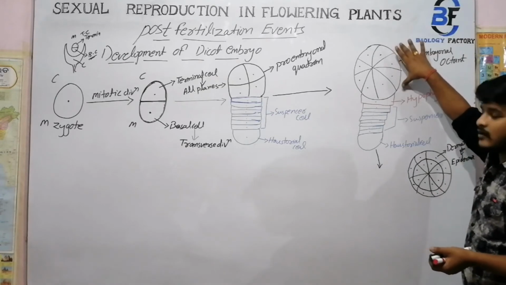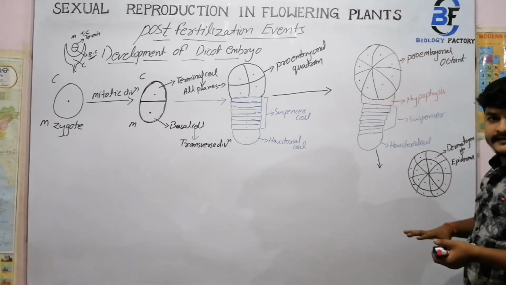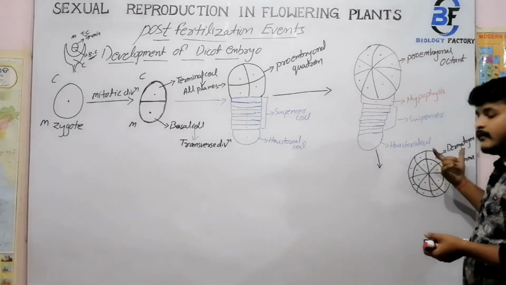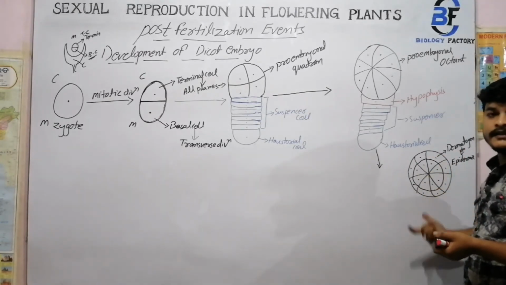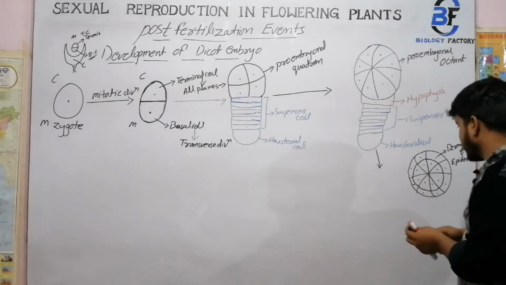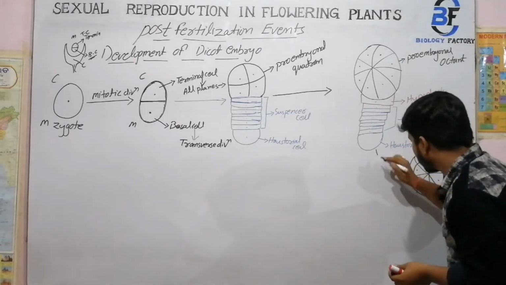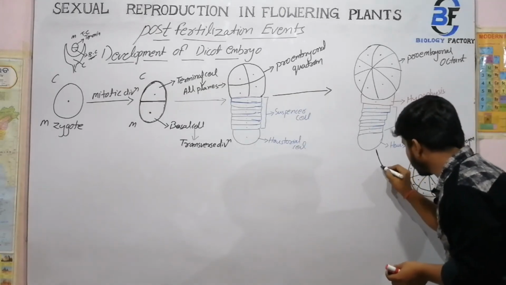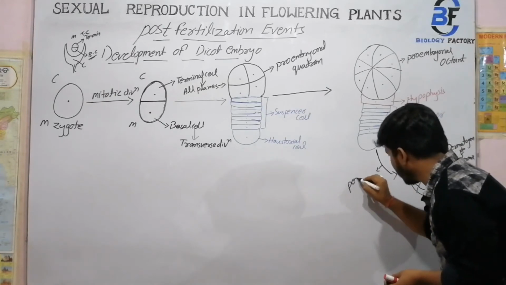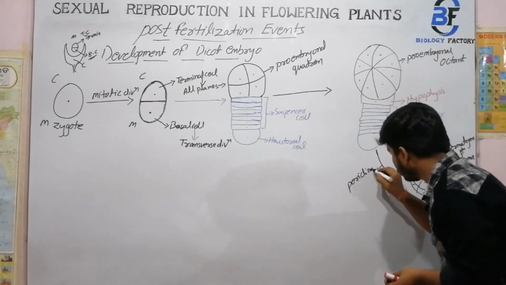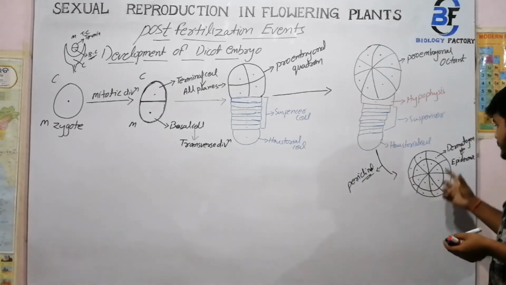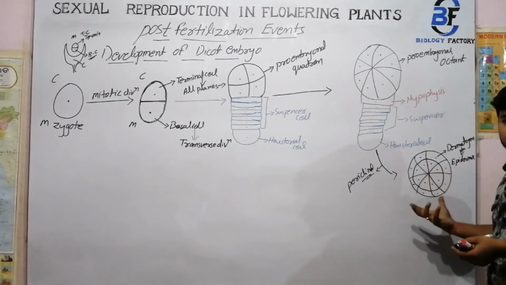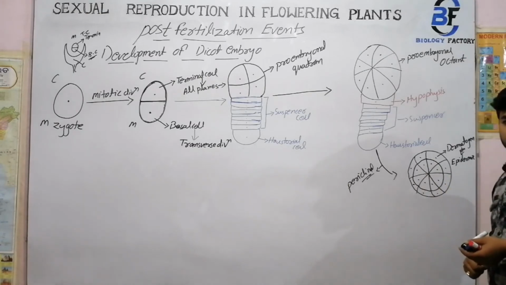The proembryonal octant changes to form a dermatogen, because the division takes place periclinally. Later the dermatogen forms your epidermis.